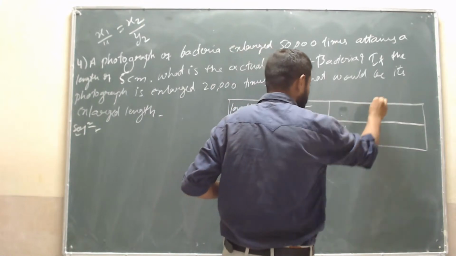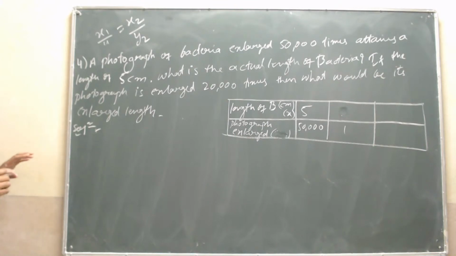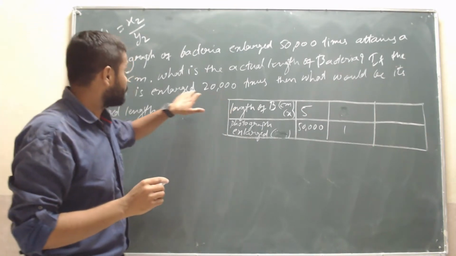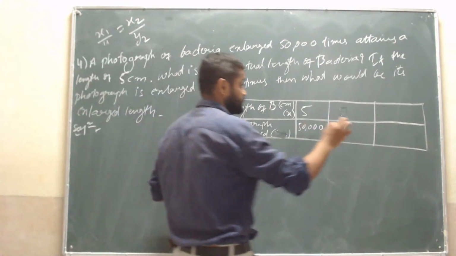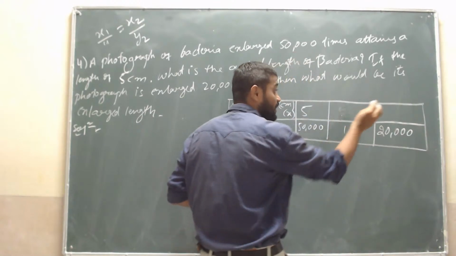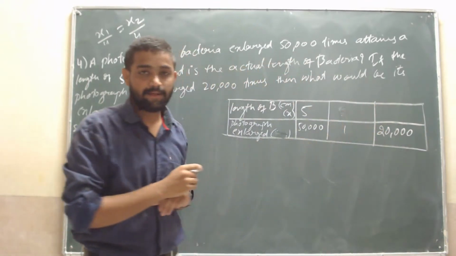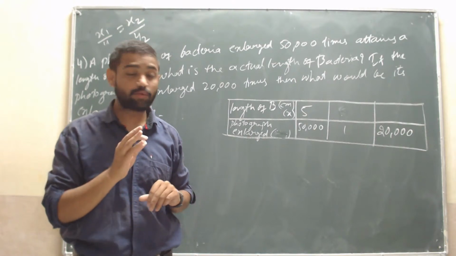You have to assume that. And the second one we have to find out: if the photography is enlarged 20,000 times, what is the length of bacteria? Are you clear about these things?